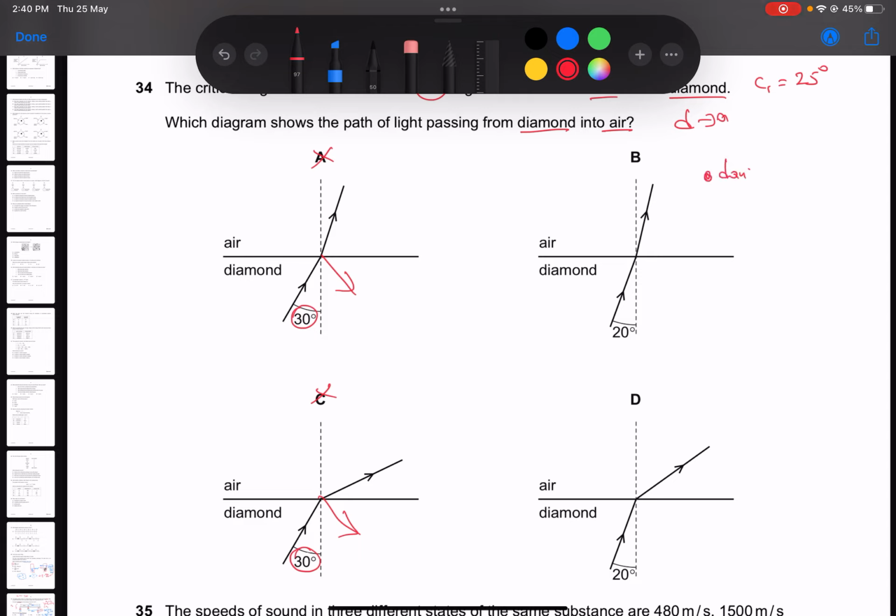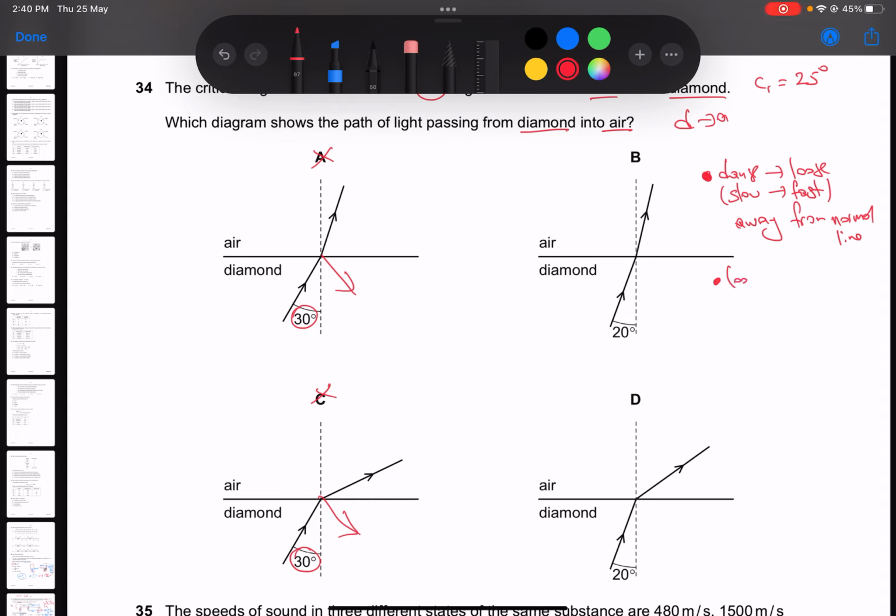From dense to loose zone, light will travel very slowly in the dense zone and very fast in the loose zone, actually, okay? It will bend away from the normal line.